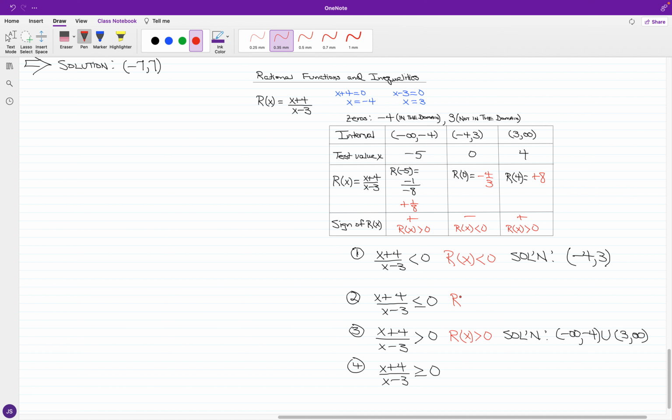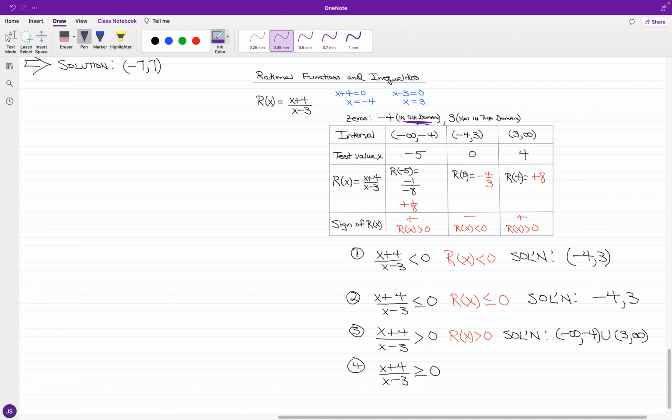Now for the statements that include the equal to portion, where we have r of x is less than or equal to 0, in the solution you're still involving the limit values of -4 and 3. Let me do a little bit of underlining. If you notice, we have -4.